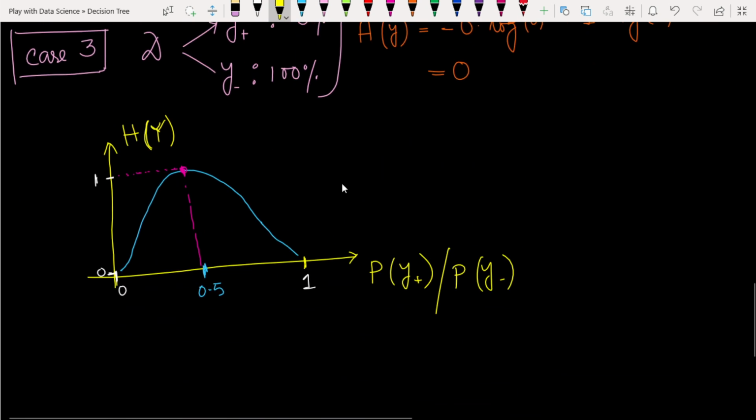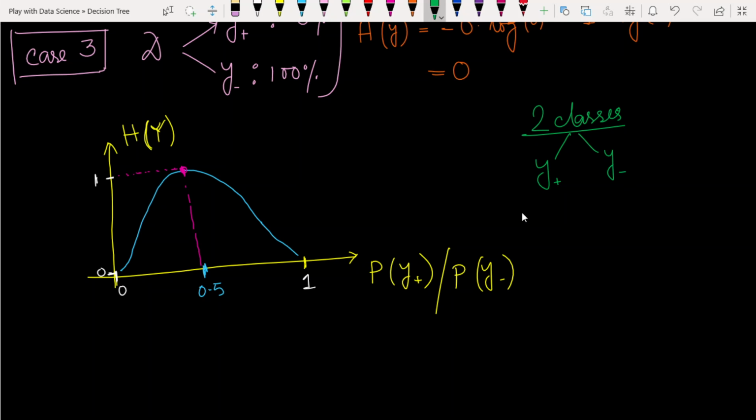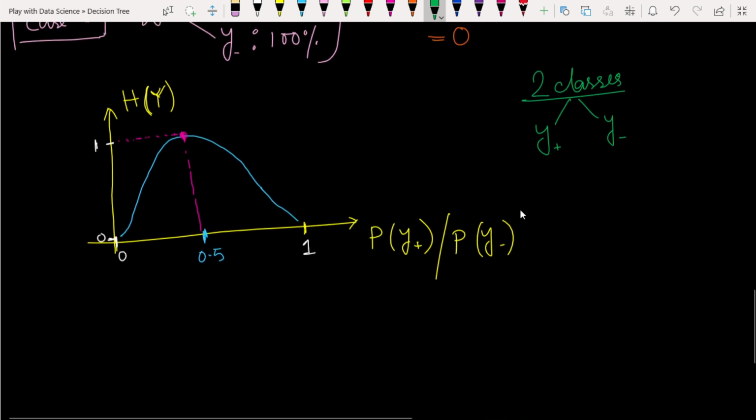So in such a scenario, if we consider only the two classes, here I am taking y plus or y minus, then what is actually happening?